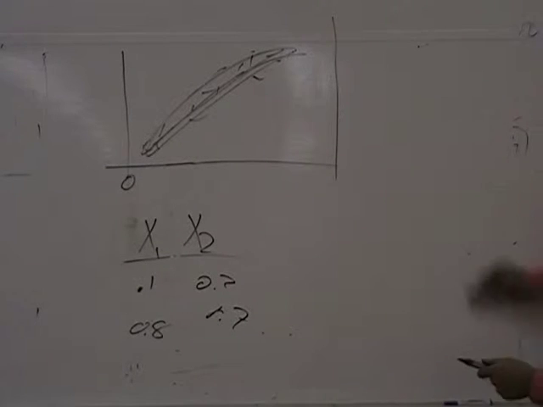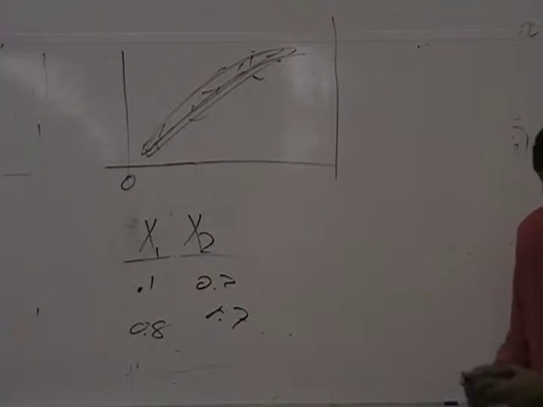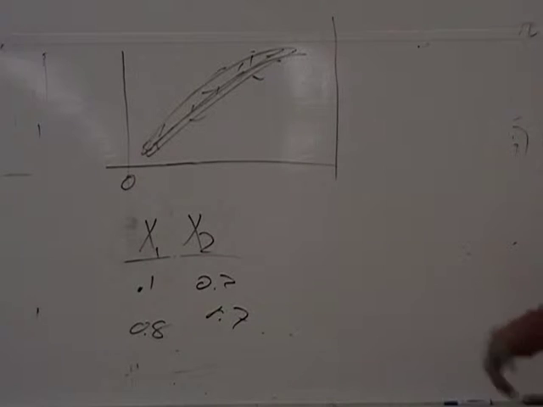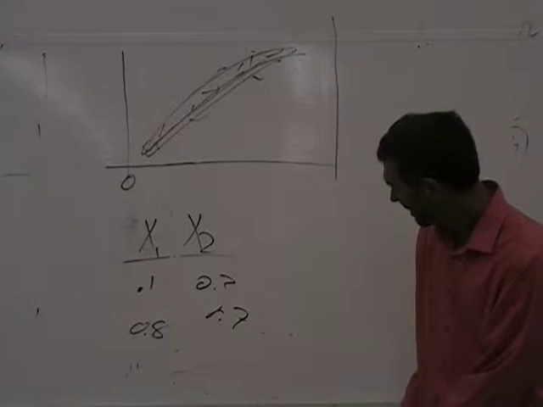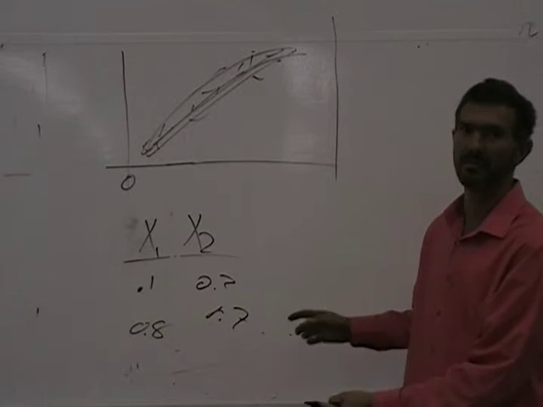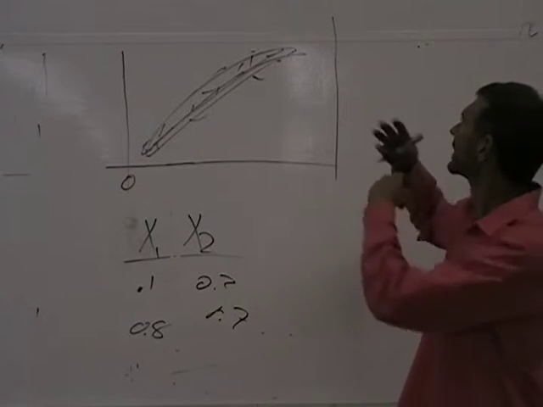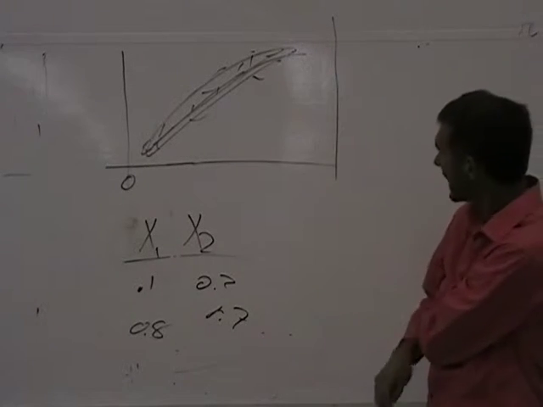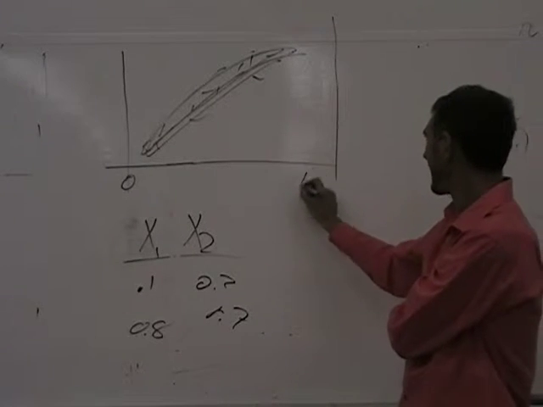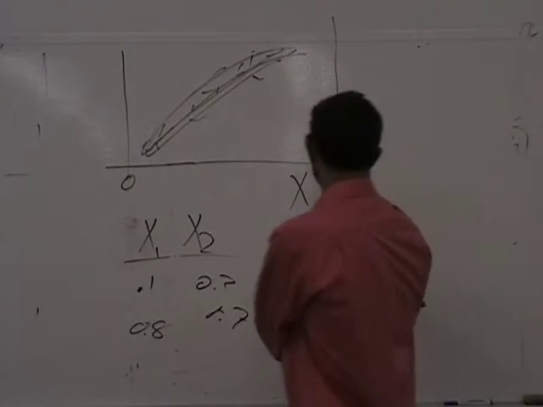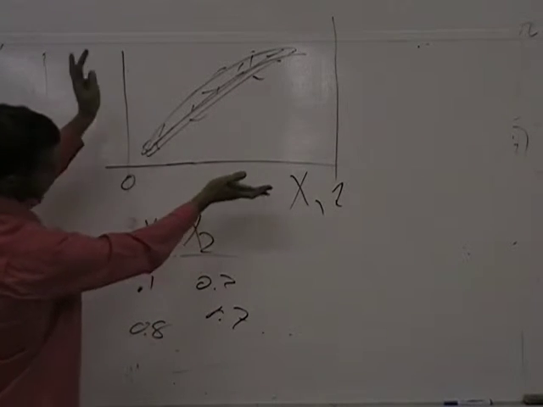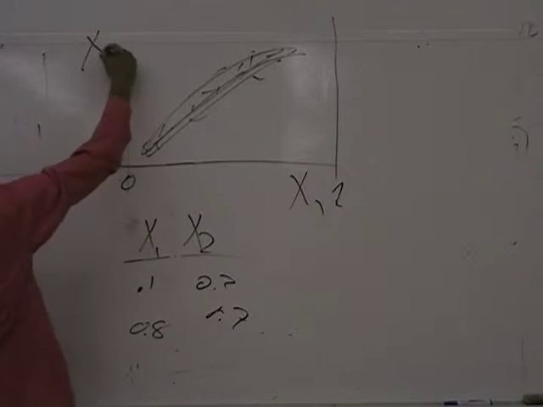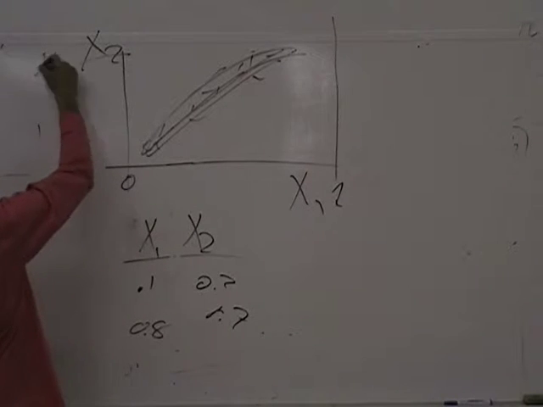But in this sample, we can clearly see, if you could read my writing, here's x1 from 0 to 1, plotted against x2 from 0 to 1.